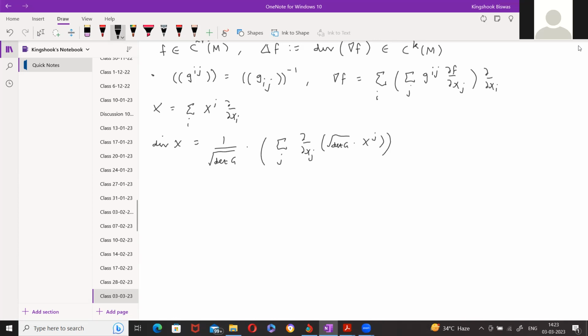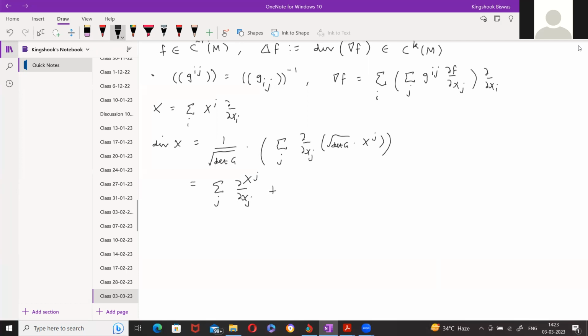So what will this give me? So what will the first order terms be? The first order terms will be when I differentiate xj and leave the square root determinant g untouched. So that square root determinant g will cancel with this square root determinant g. So the first order term will be sum over j del del xj of xj, right? So that is the same expression. And then I'll have the derivative of this square root determinant g. So that will be what?